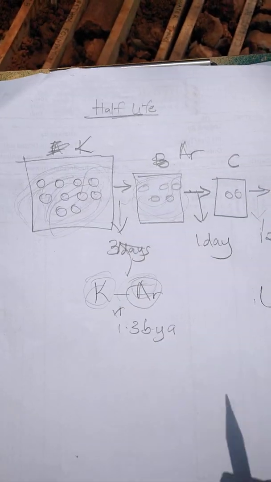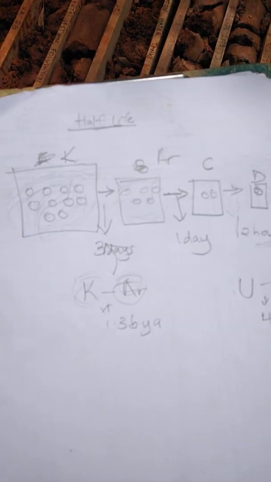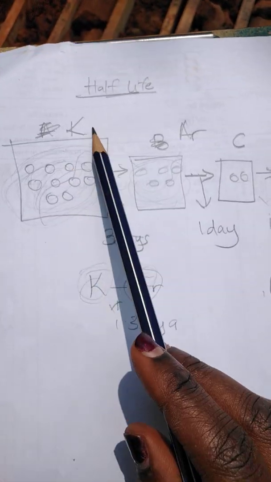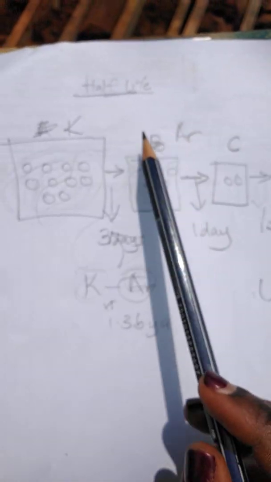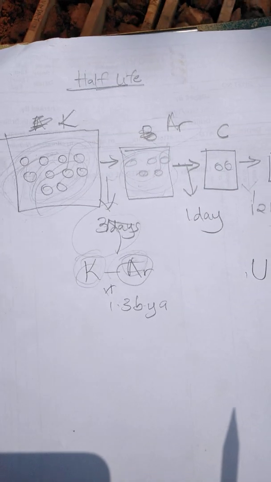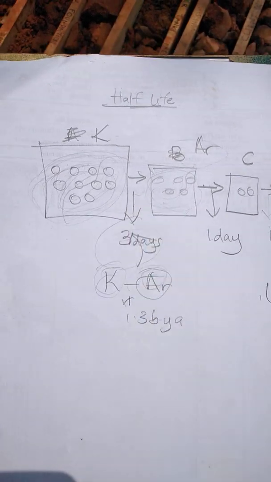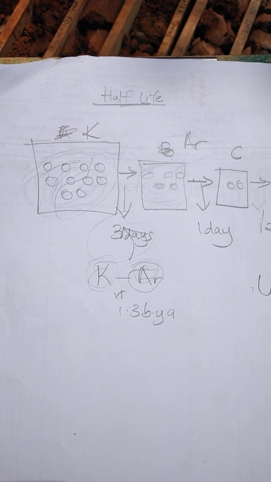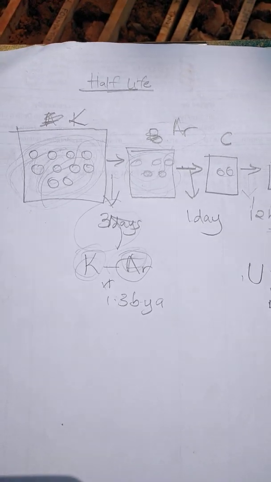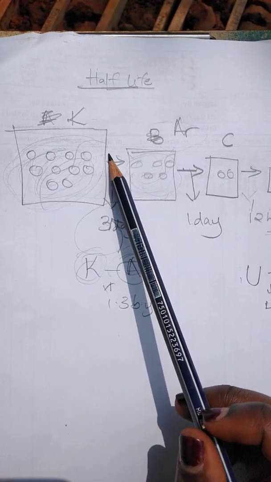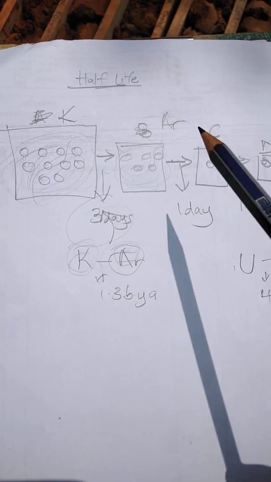So it takes potassium 1.3 billion years to become the stable isotope argon. Like it has to lose, instead of eggs, let's just say ions. It loses a certain amount of ions to become argon.